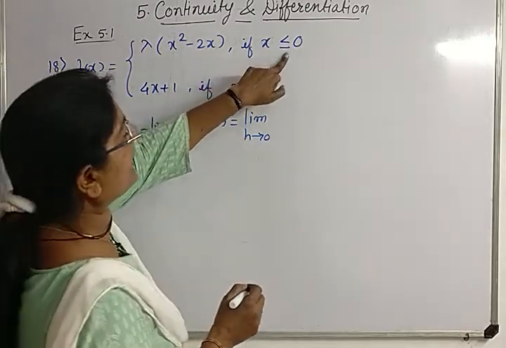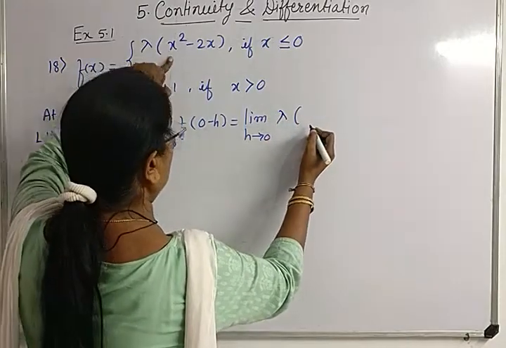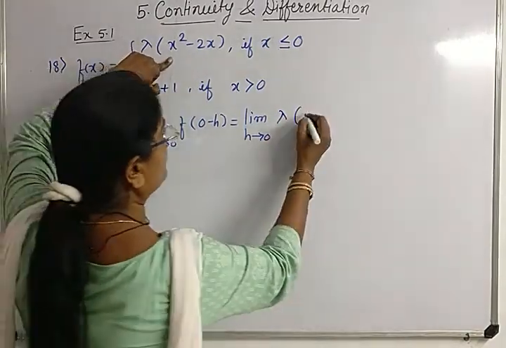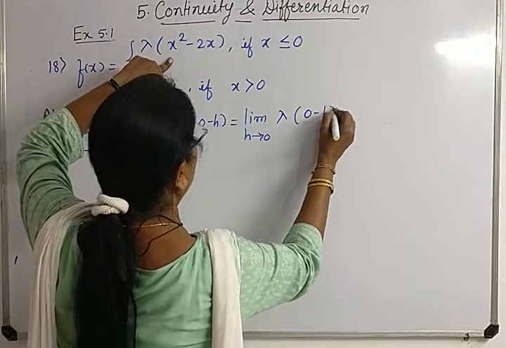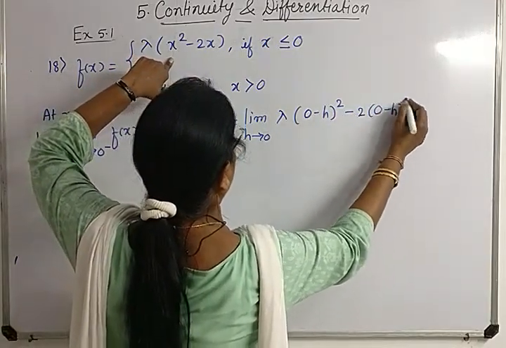For left hand limit, the function is this one, that is lambda into bracket. Instead of x, we will put the value 0 minus h, the whole square minus 2 into 0 minus h.